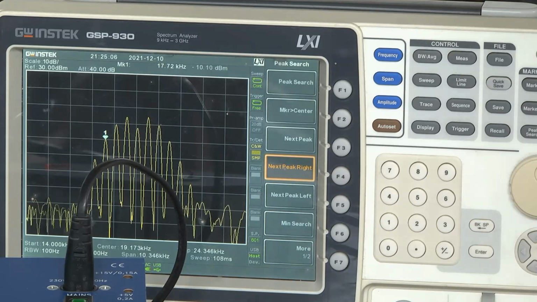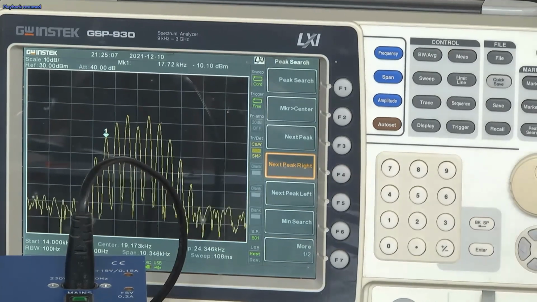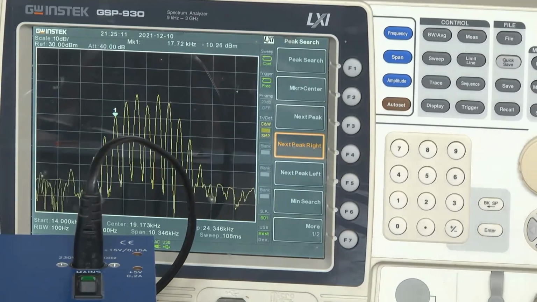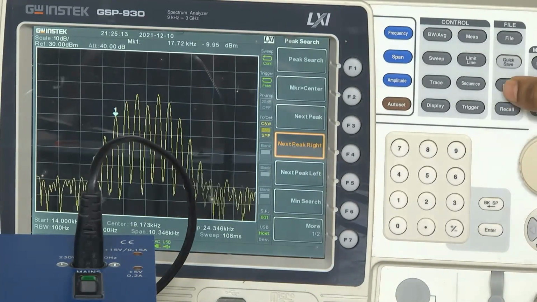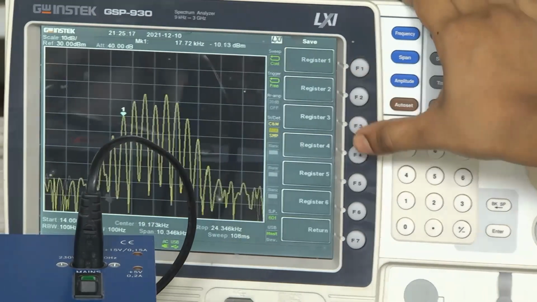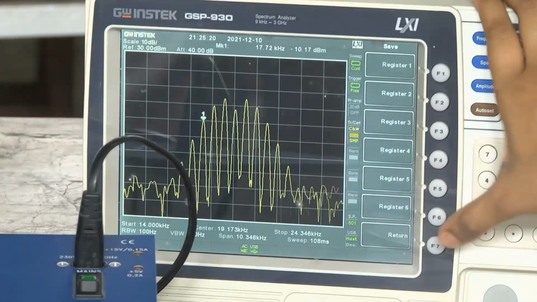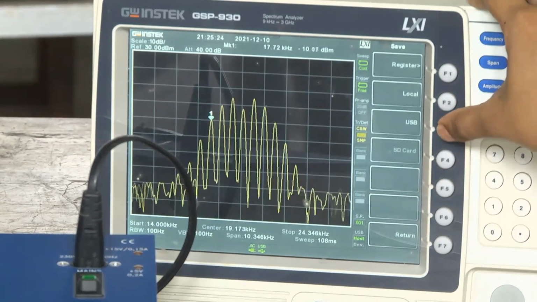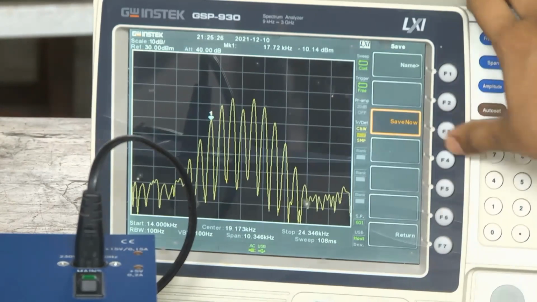So in table number 2, note down these readings. Okay, I saved the waveform.